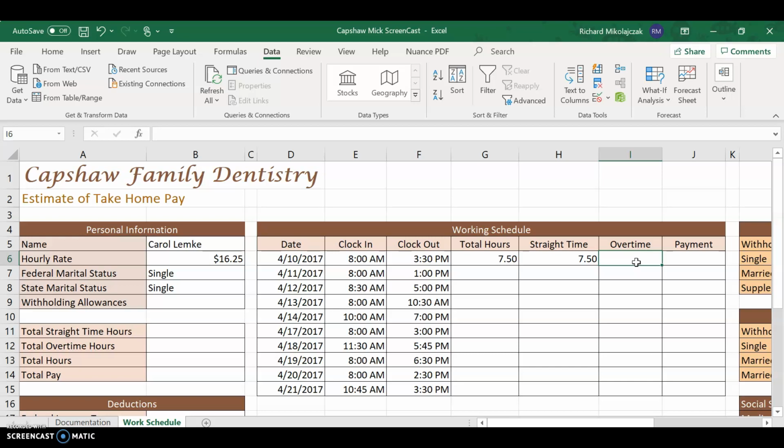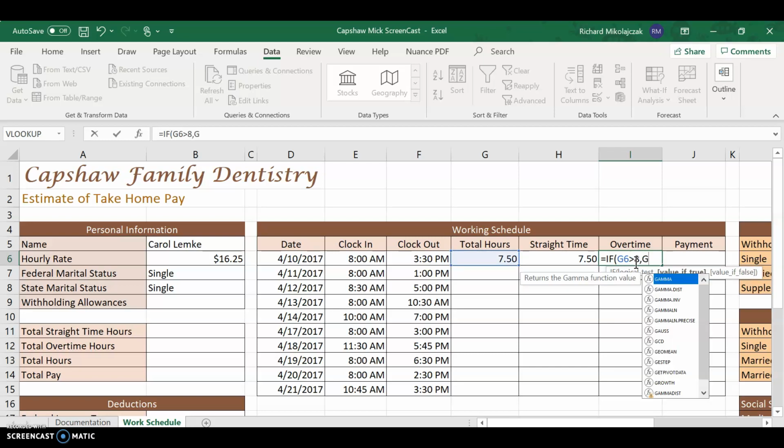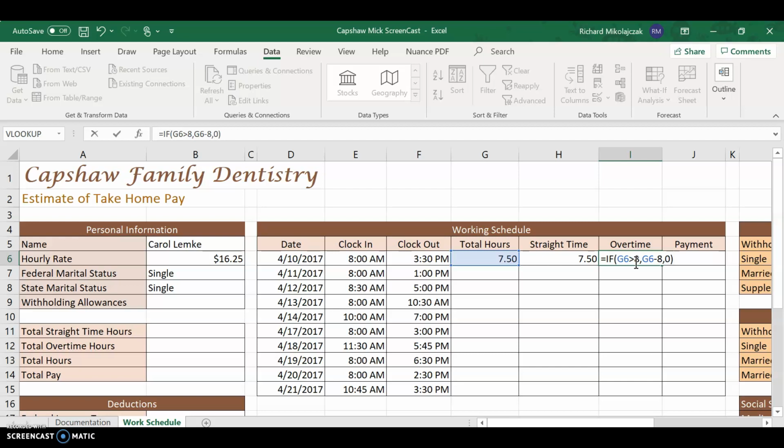So equals IF G6 is greater than 8, then we're going to have G6 minus 8. And that makes sense because if it was anything beyond 8, it will give us the overtime. And you'll see that when we run that through. And they want 0 there. So enter that. It's 0.